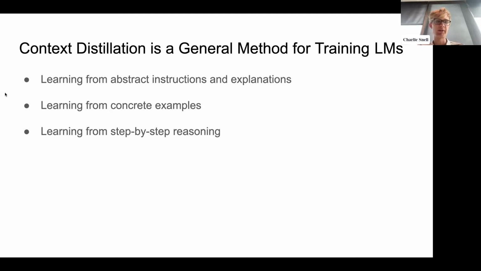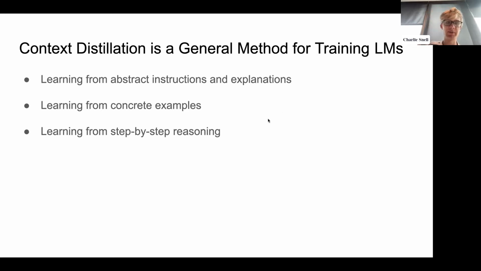So the second one, normal fine tuning can cover, but the first two are always unclear how to learn from. So we propose that context distillation is a general method that can effectively learn from each of these kinds of information.